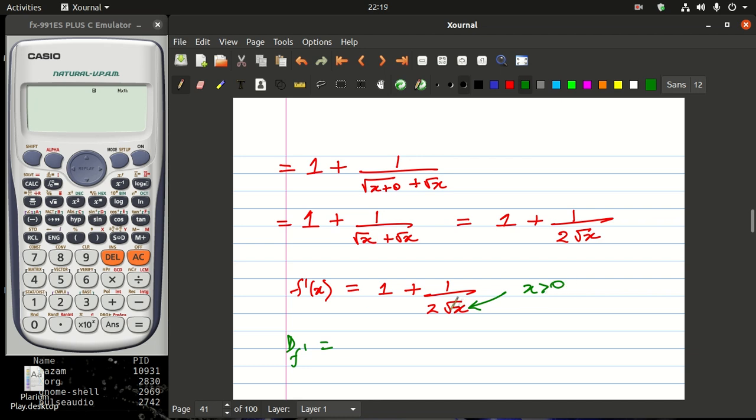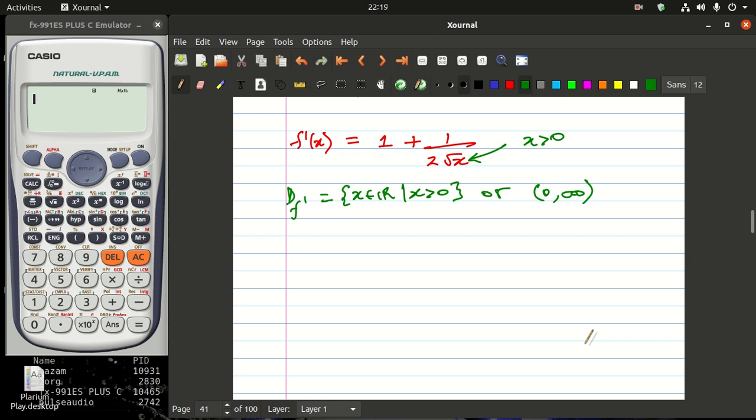Cannot be less because the square root will cancel it out. We'll actually say an error. So the domain of this is just saying that x is an element of real numbers such that x is greater than 0. Or you must say that a domain is just saying that we have 0 up to infinity.